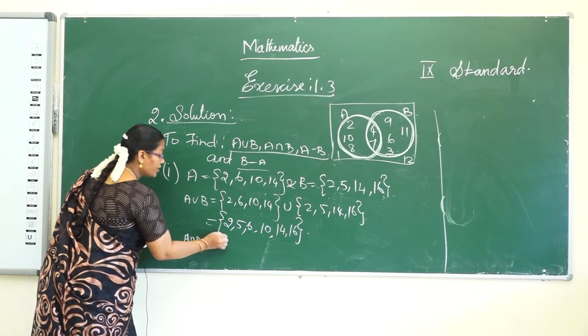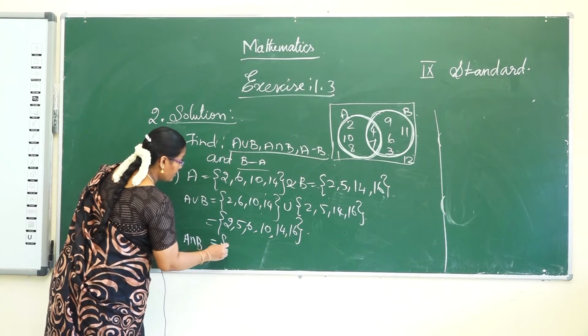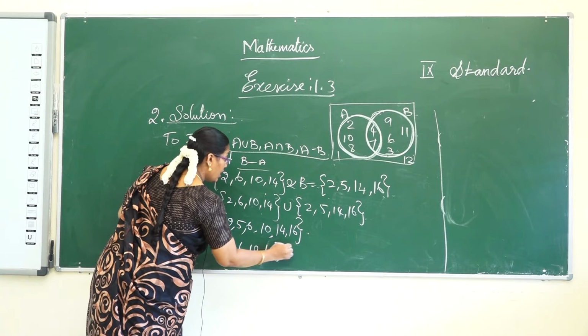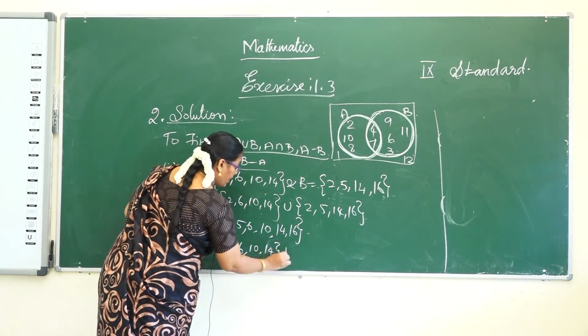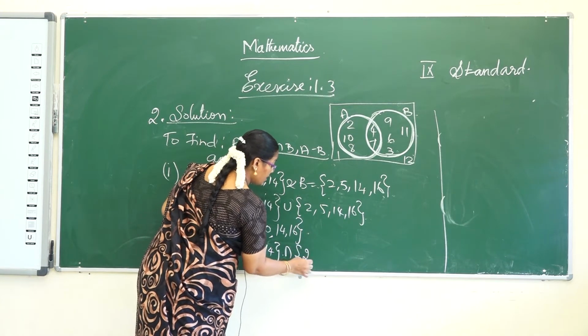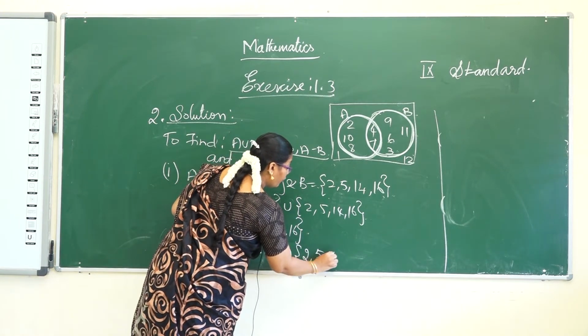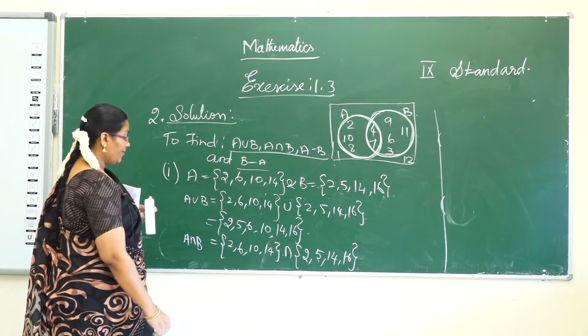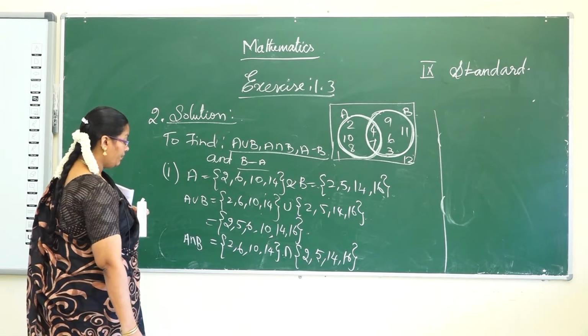Okay. And next find out the value of A intersection B. So first write the elements in set A: 2, 6, 10, 14, and intersection. Directly write intersection. The set of elements in set B: 2, 5, 14, 16. Okay. So which elements are common in sets A and B?